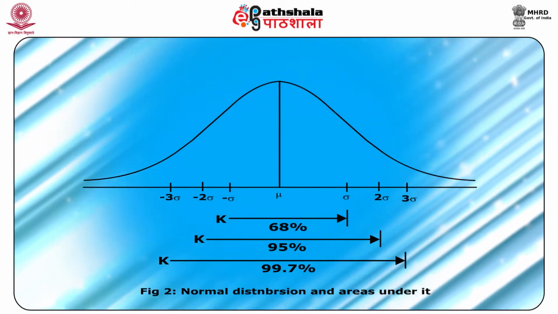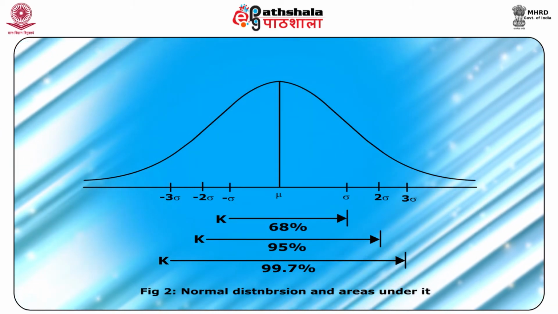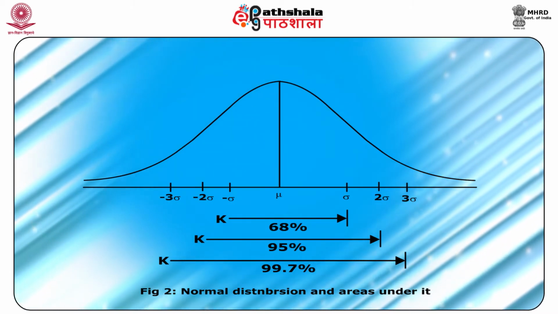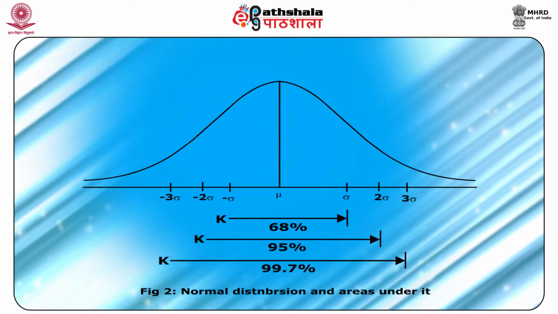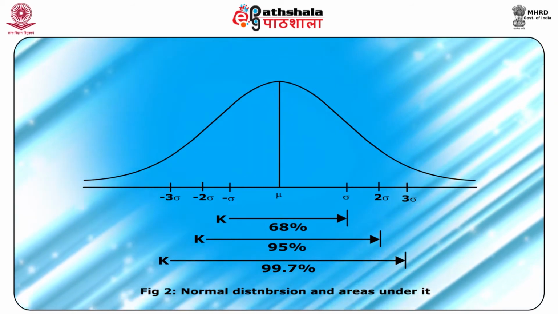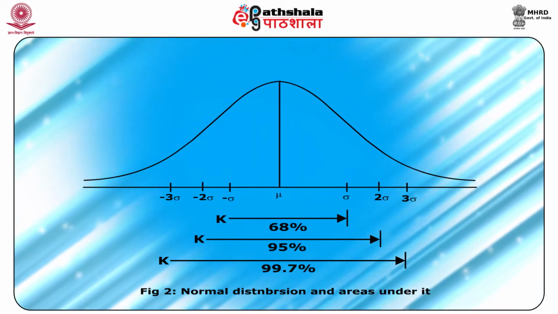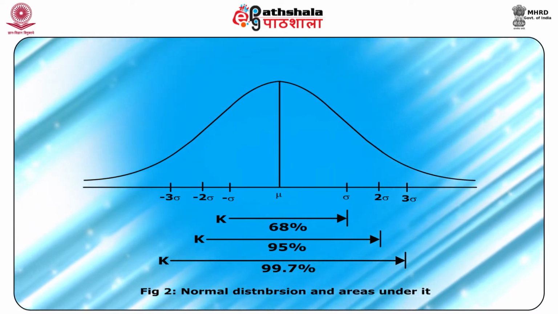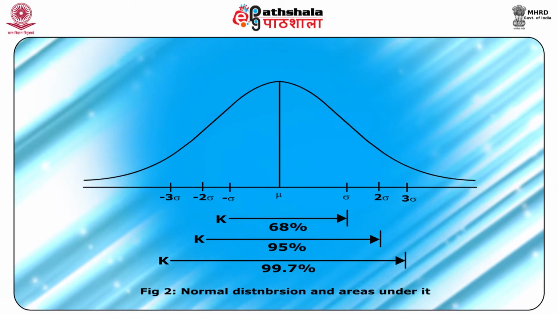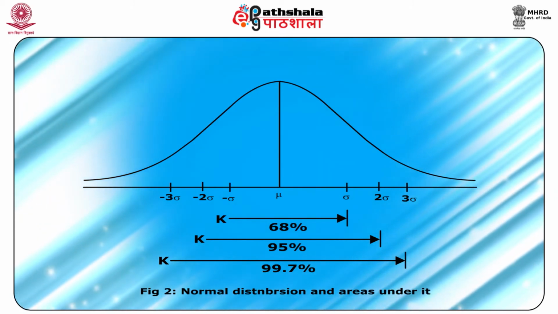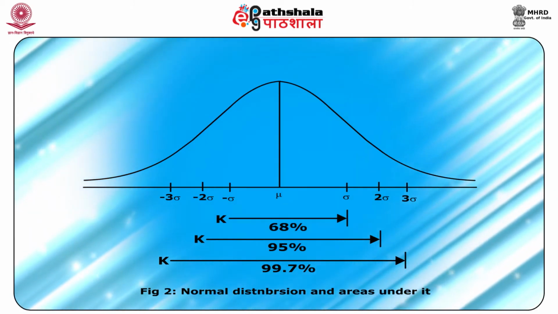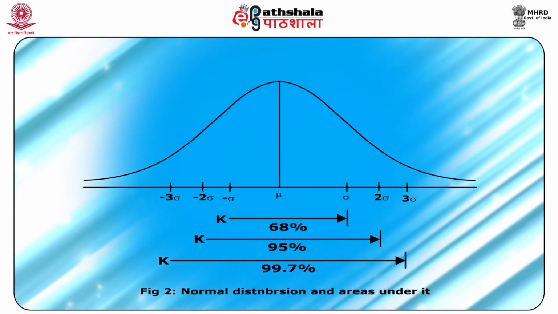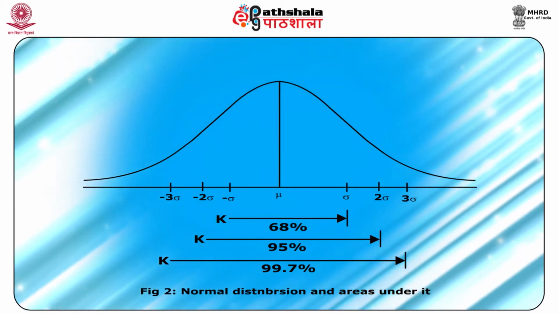In this bell-shaped distribution, the peak or the central point is at the mean, which we have denoted by mu, and as you go to the right and to the left, you will find that the interval basically increases from 68% to 95% to 99.7%, which is given by mu plus minus 1 sigma, mu plus minus 2 sigma, and mu plus minus 3 sigma.